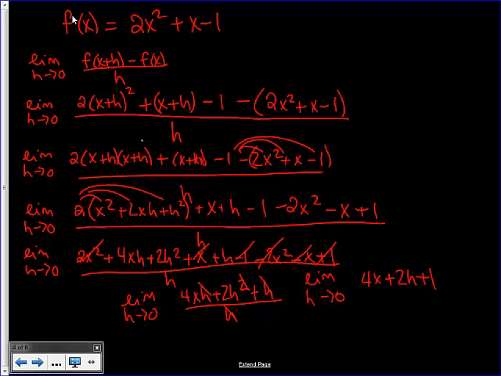See, it got a little ugly, a little nasty, and then it's simplified quite nicely. So now instead of h, I'm going to plug in 0. So 4x plus 2 times 0 plus 1, which is 4x plus 1.